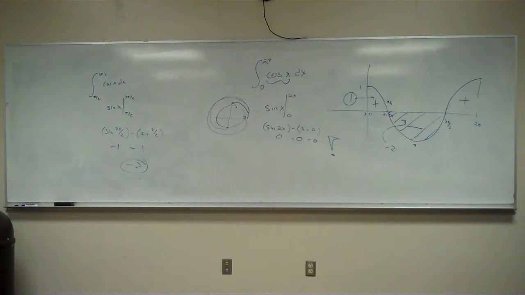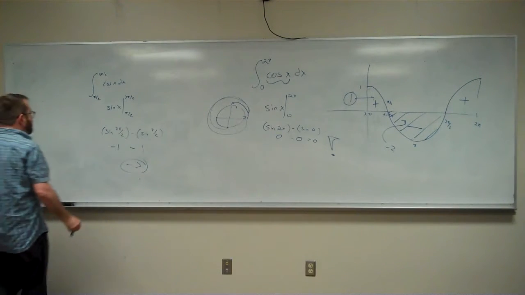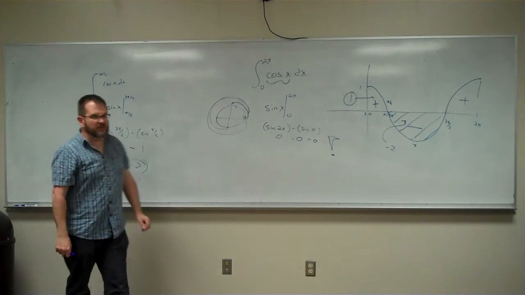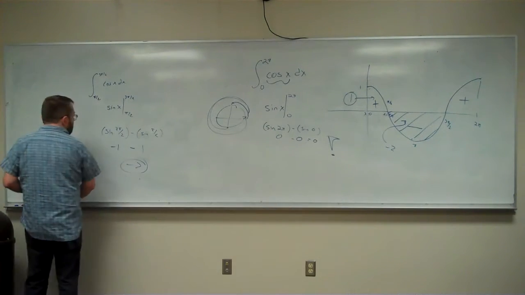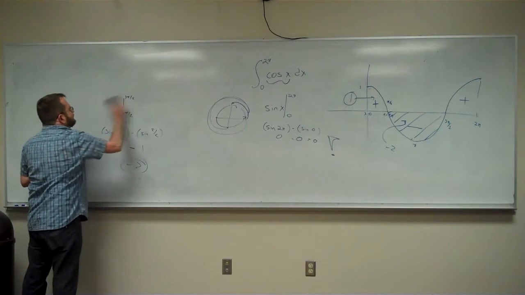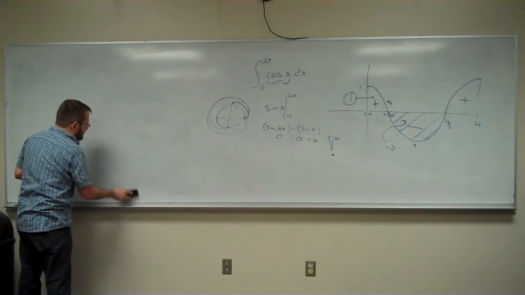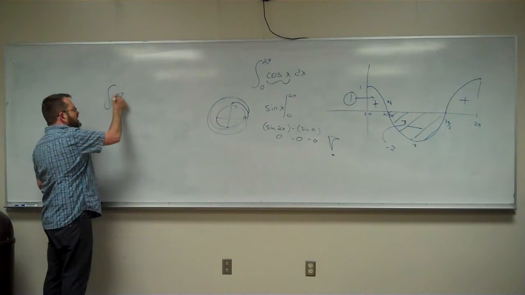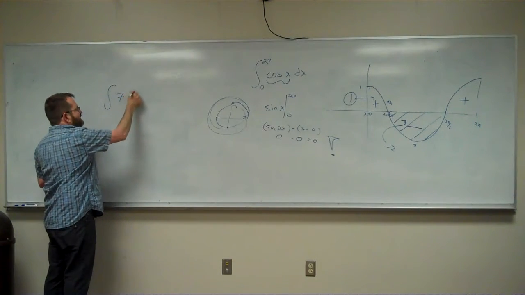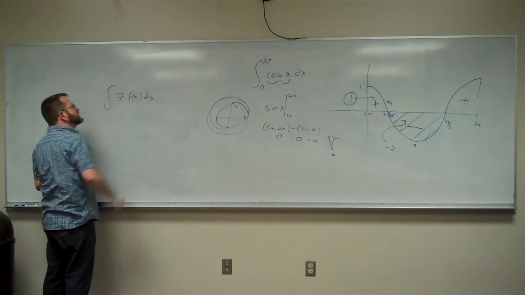Oh, these are fun! They have all kinds of nifty properties which are summarized in a table in your book, properties of the definite integral. For example, take any integral of, I'll just use a number, 7 times f of x dx.